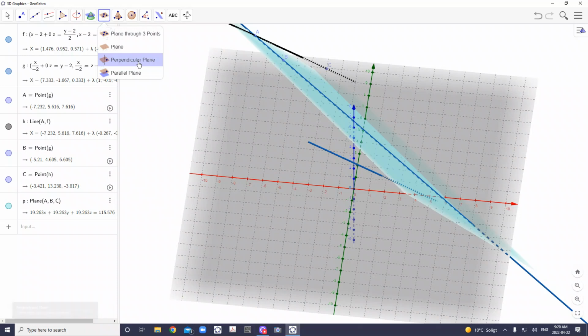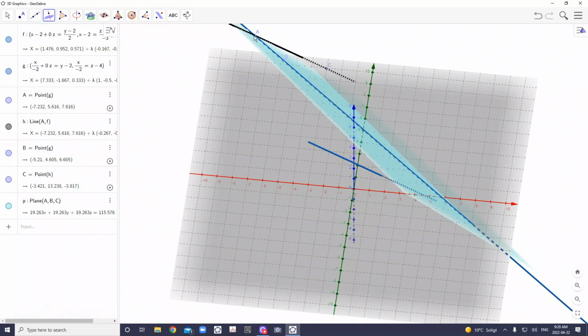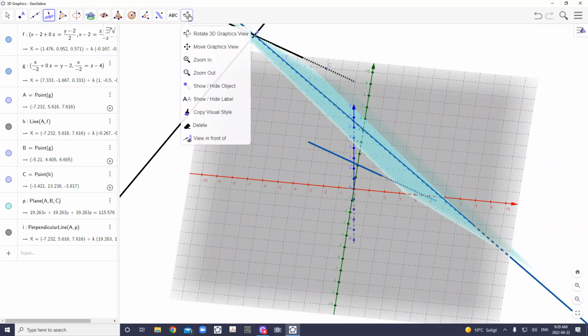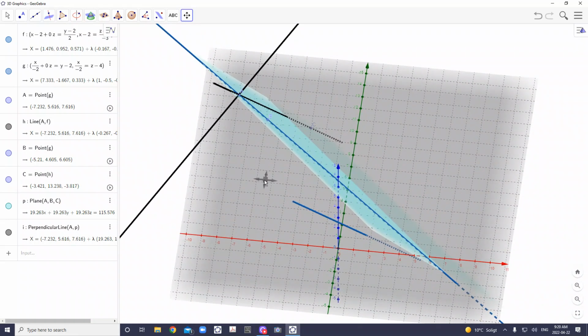There is no perpendicular line here. I think it was another one. Here? Yeah. Here, perpendicular, thank you. So I will go and ask GeoGebra, this is the point, and this is the plane. And now you have that line. Yes? Let me move this a little bit so that you can see better. Okay, here we have this situation.